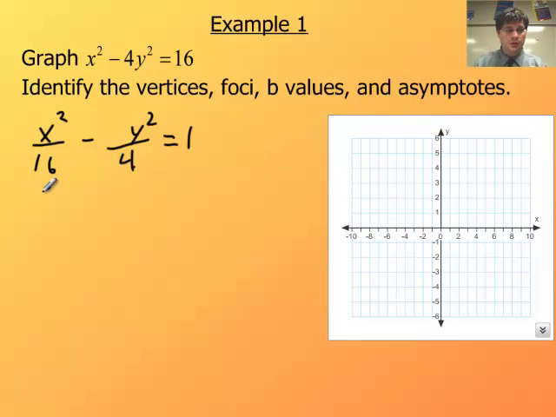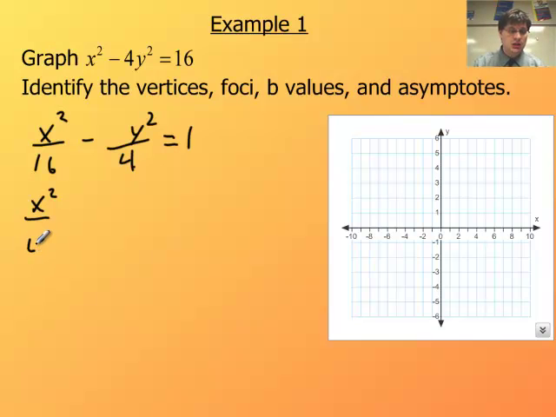Therefore, by looking at this, I'm going to be asked which direction is this? Is this horizontal, opening up to the left and right, or vertical? And what I notice is that here it's x squared minus y squared. So the y squared is negative. If we look at our formulas, this one's going to be the horizontal because it's x squared minus y squared in that order, or you can think of it as y squared being negative, either way.